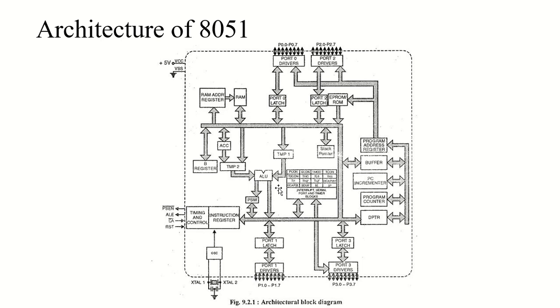So when the registers R0 to R7 are used to access the external RAM, the microcontroller requires a 16-bit address, right? But for 8051, it's an 8-bit microcontroller, and the size of the address generated will always be 8-bit.